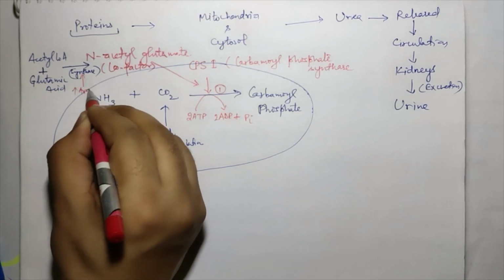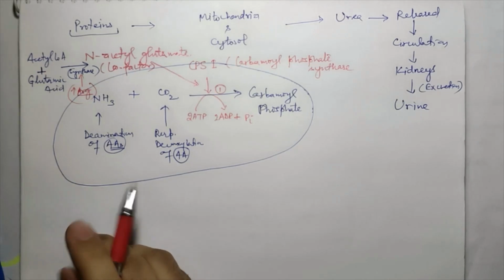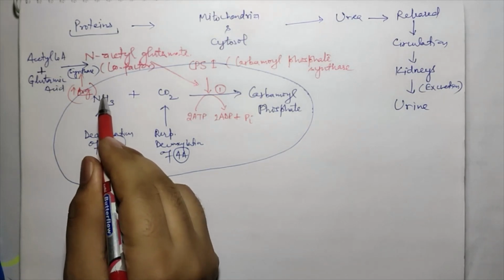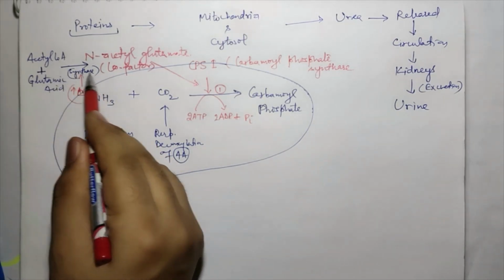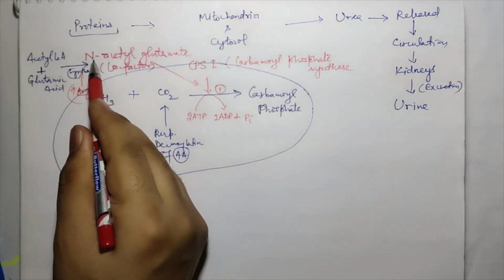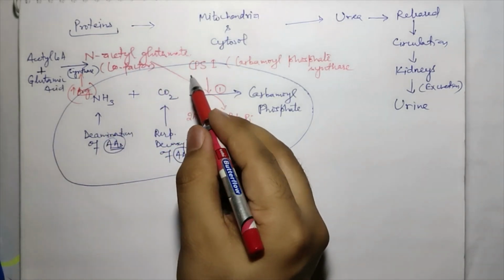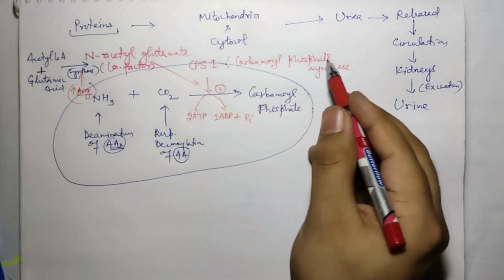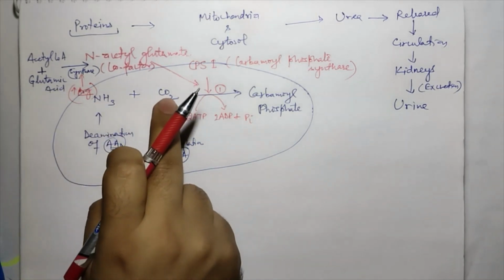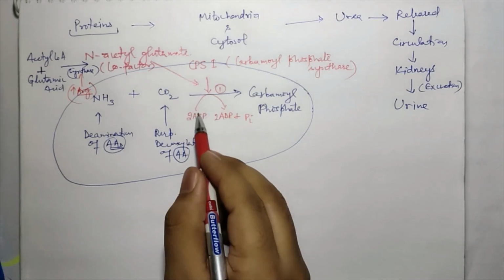When the amino acid arginine is at high concentration within the matrix of mitochondria, then it regulates this synthase enzyme, and subsequently acetyl coenzyme A and glutamic acid are converted into N-acetyl glutamate, and it subsequently activates CPS1, that is carbamyl phosphate synthase 1, and that fixes ammonia and carbon dioxide into carbamyl phosphate at the expense of two ATP molecules.